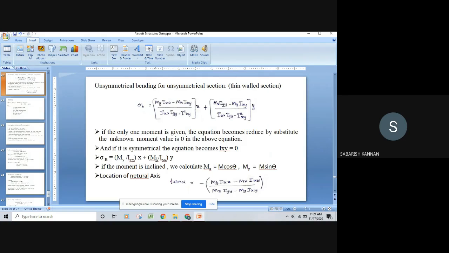The Mz value is 0, they didn't give it, so we take it as 0. So we only have My divided by Iy into z. This is the only formula here.